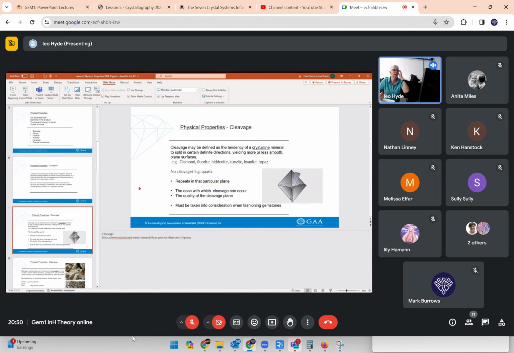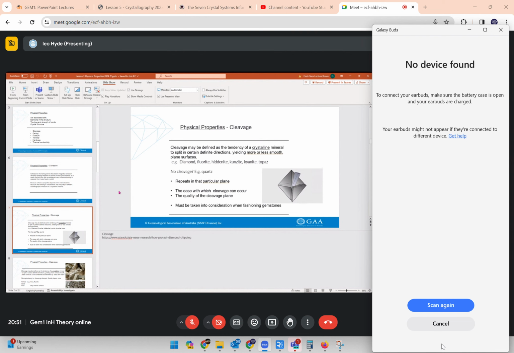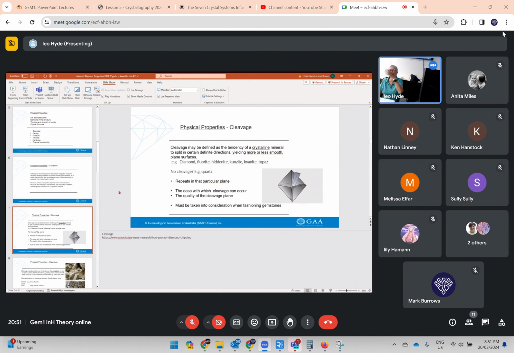Because we have an atomic structure, some directions the bonds may be slightly weaker than other directions. So in that direction, parallel to a crystal face or possible crystal face, we can make a break that will yield more or less clean faces. So it will look like maybe a crystal face because it's in that same direction, but there are clues to tell us that it is a cleavage plane.